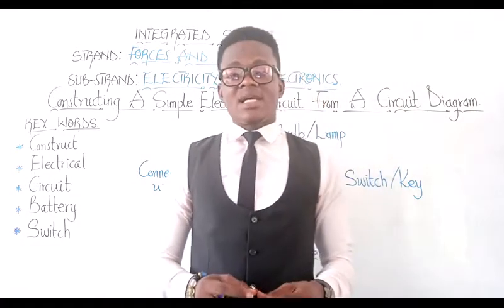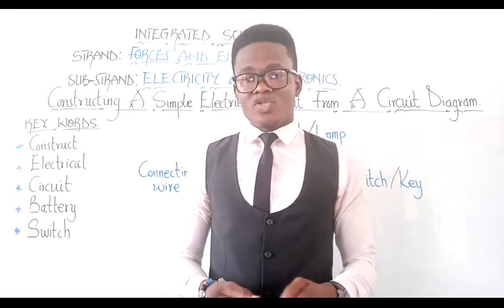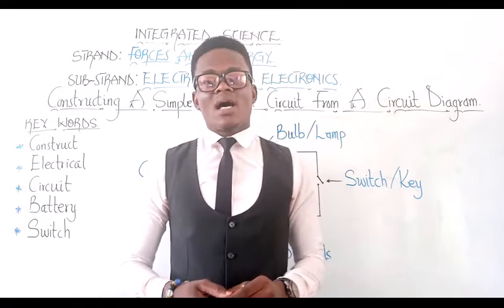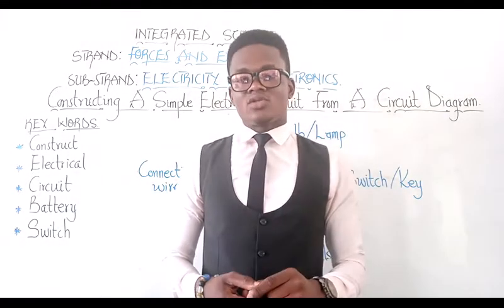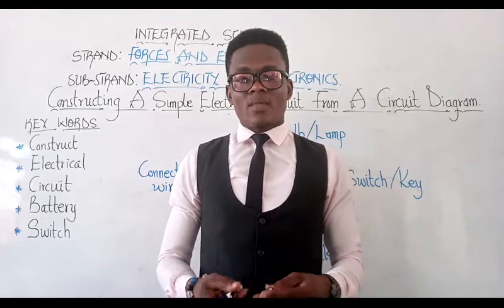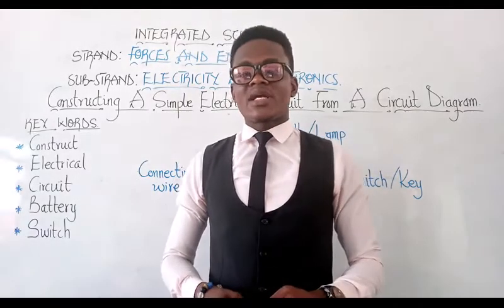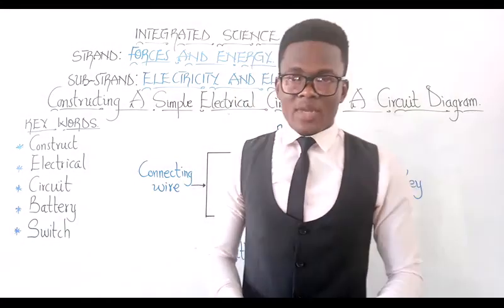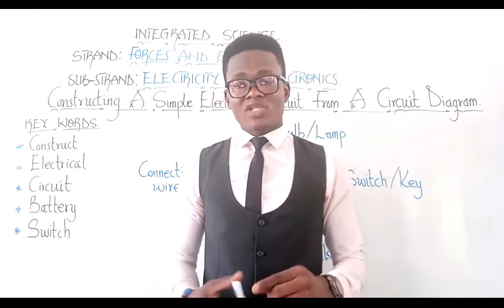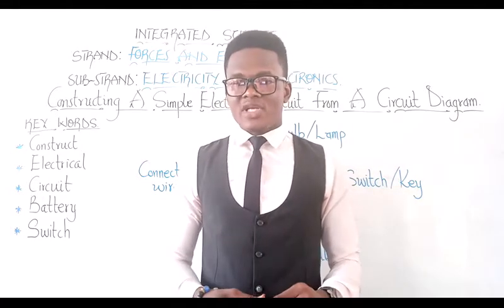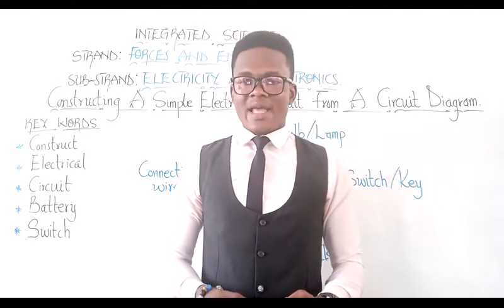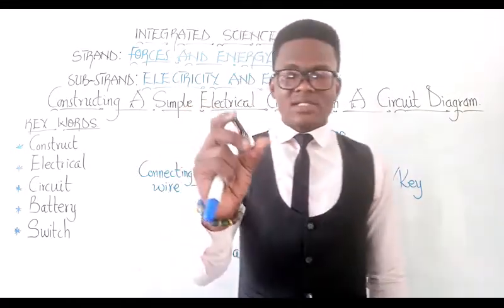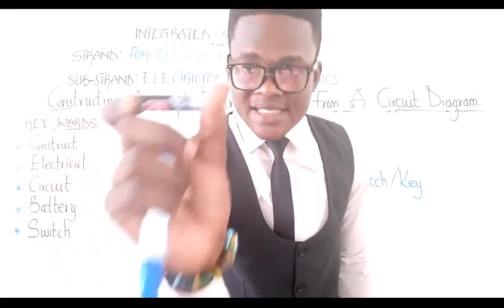We say that a dry cell or the battery is a source of electrical energy, and it drives electricity to the various components of the circuit. The battery is made up of two or more cells joined together. Let me use this opportunity to help us differentiate between the battery and the dry cell. The dry cell, as you can see, is a single unit.